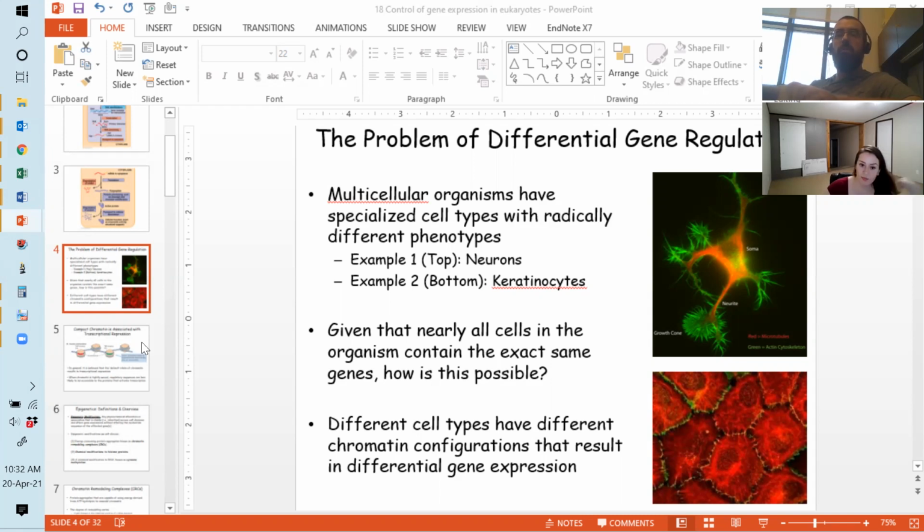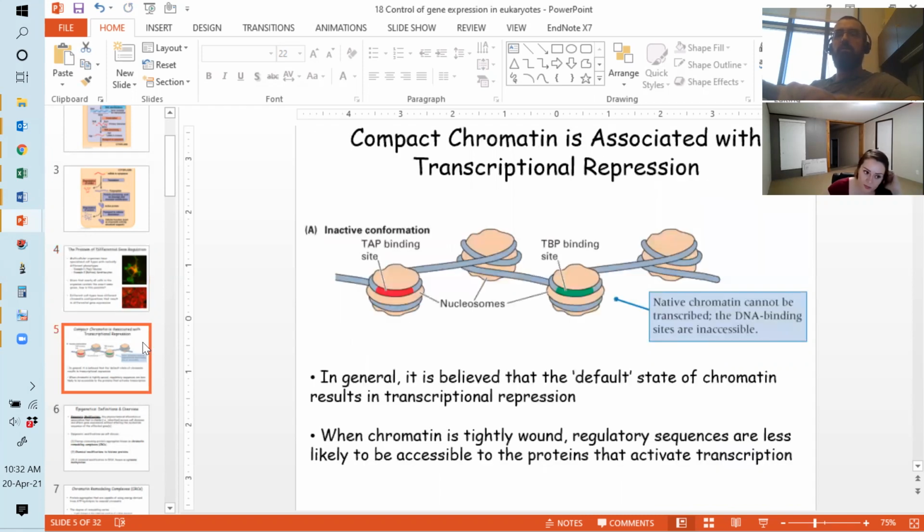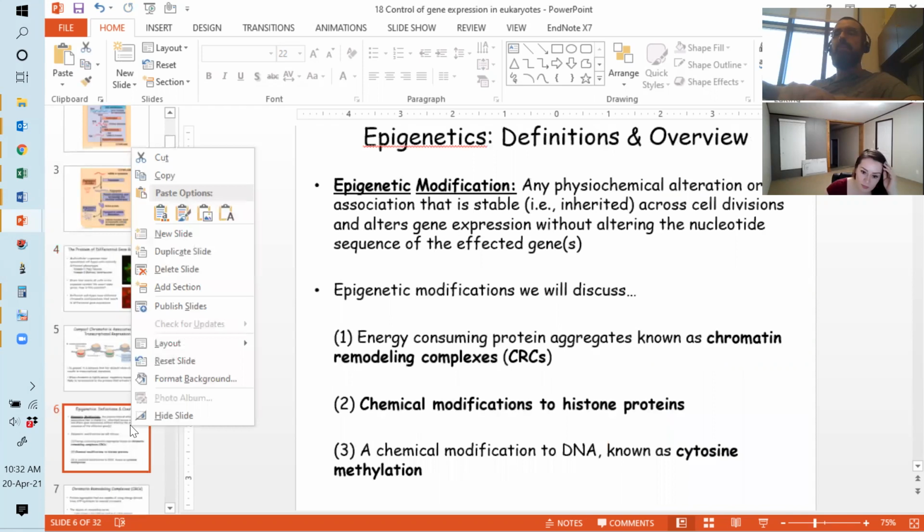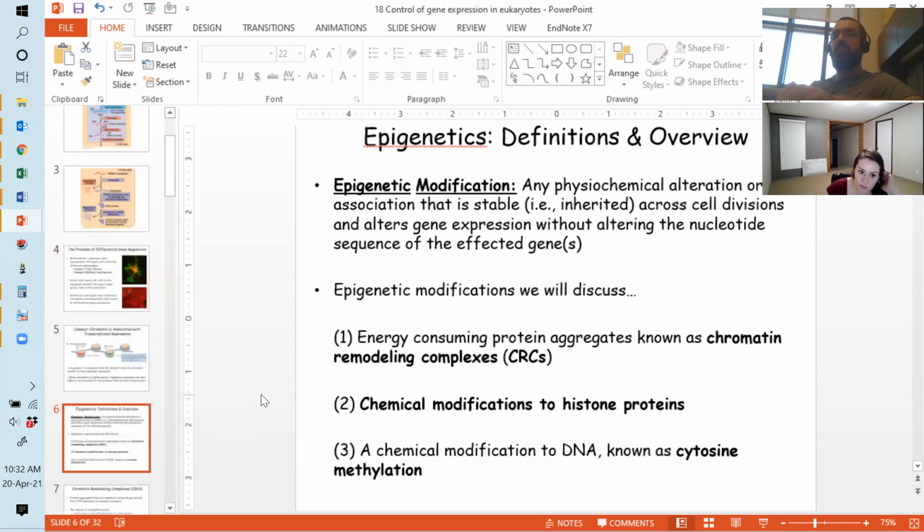And so what we're really talking about is epigenetics. This is a new word. What epigenetics basically means is changes to your DNA, or proteins associated with your DNA, that change the expression of a gene without changing the DNA sequence itself.